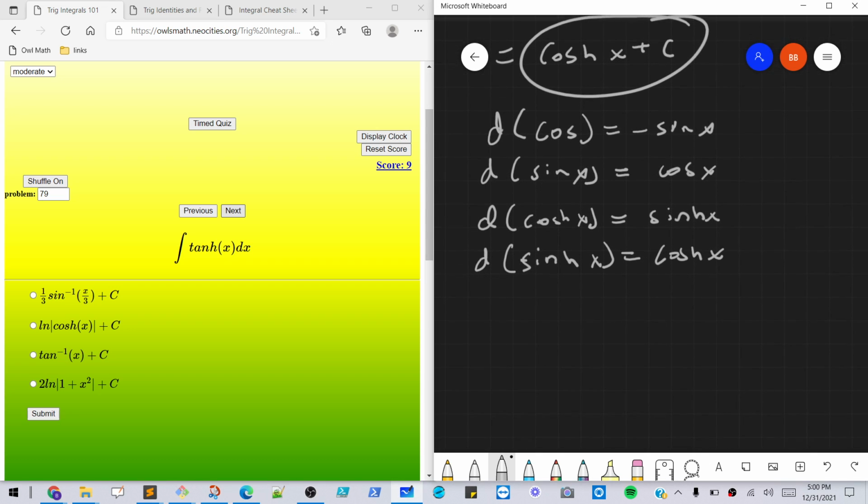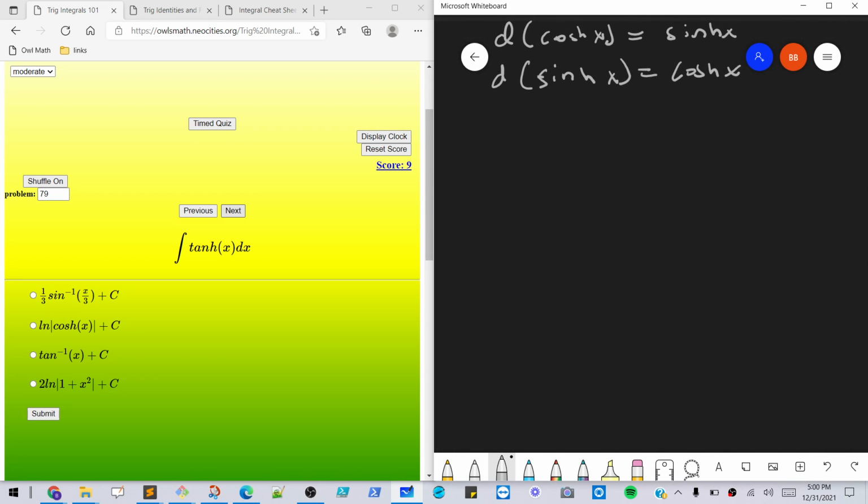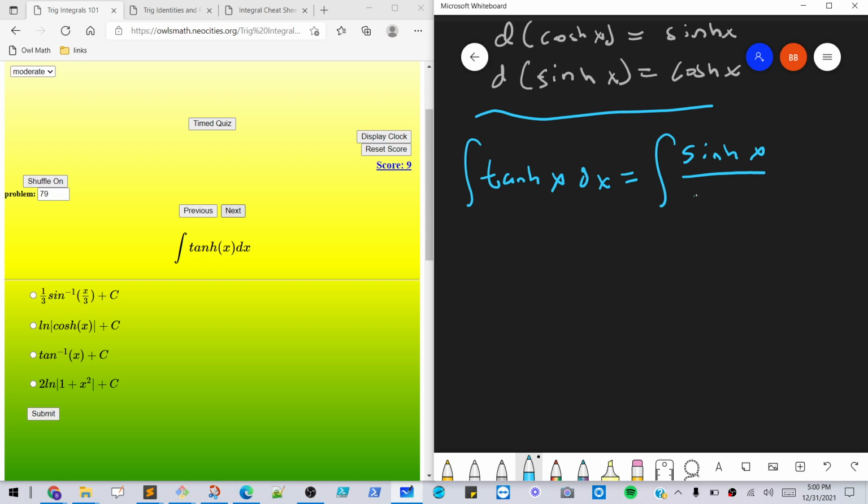Tangent. Okay, this is a good one. So the integral of tangent x dx. You know what I'm going to do? We'll just write this in terms of sinh and cosh. But then the u-sub is even easier than it is with regular cosine and sine because, again, we don't have to really worry about the sign change.